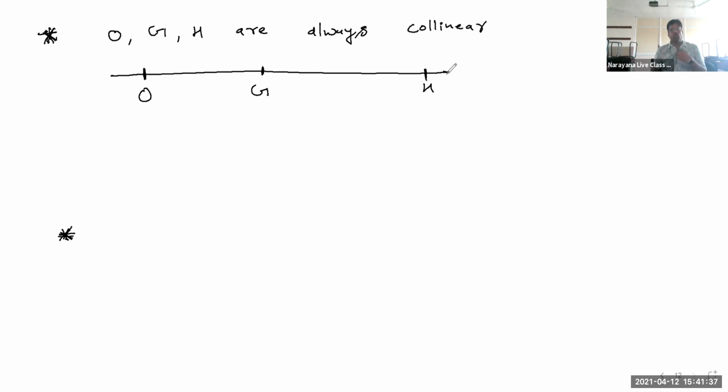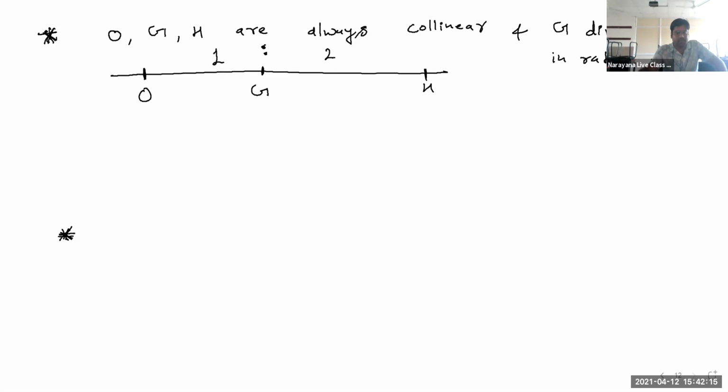These three points are always collinear, meaning they lie on the same line. And G divides OH in the ratio 1:2. The centroid G divides OH in the ratio 1:2. Okay, got it?